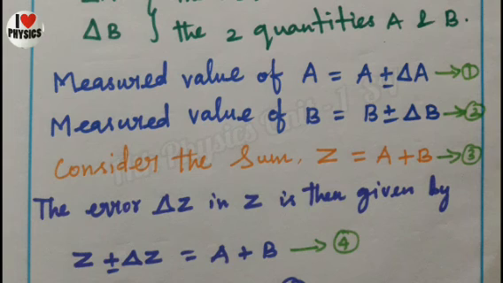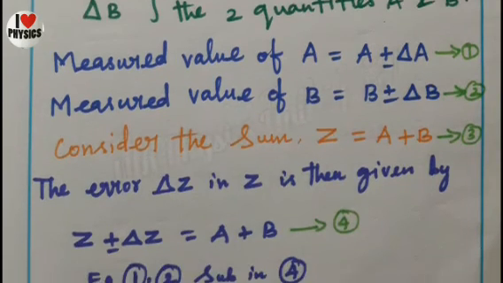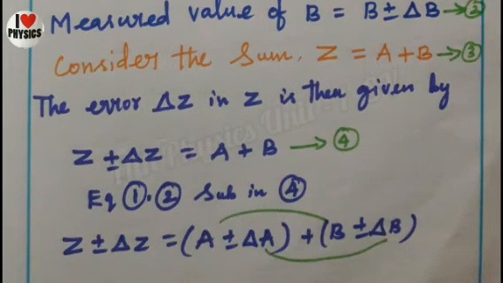Consider the sum Z equals A plus B. This is equation number 3. The error del Z in Z is then given by Z plus or minus del Z equals A plus B. This is equation number 4. Then substitute equations 1 and 2 in equation number 4.